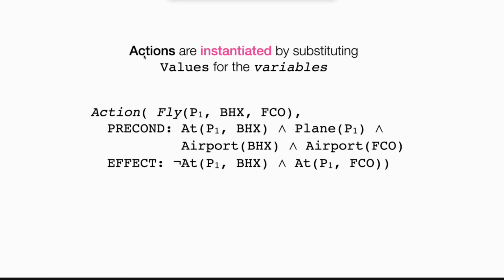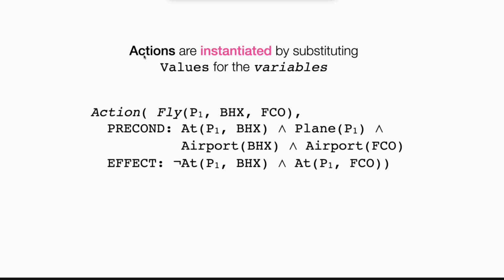If you wanted to have or, you would just write a separate action. Oh, okay. So if it's the case that P could be a plane or a boat, you wouldn't write P, plane or boat. You'd write a fly and a... what do boats do? Swim?